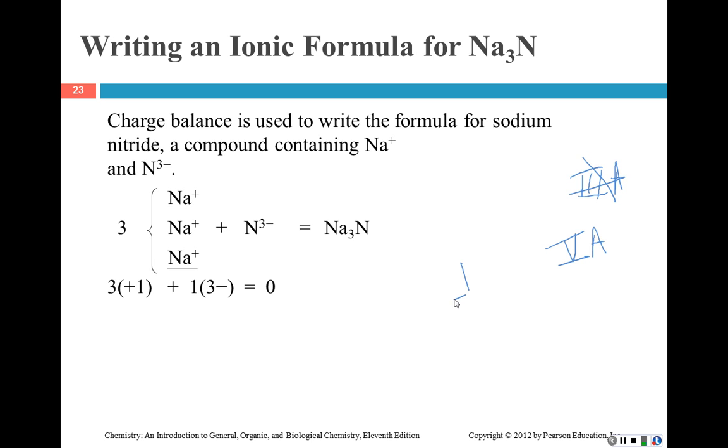Sodium will be in group 1A, so that tells me that sodium has a +1. Nitrogen is going to have a -3 when it becomes an ion. So if I have a 3- for nitrogen, it's going to take 3 sodiums in order to neutralize that negative charge. That's why I have to have 3 sodiums in this formula.